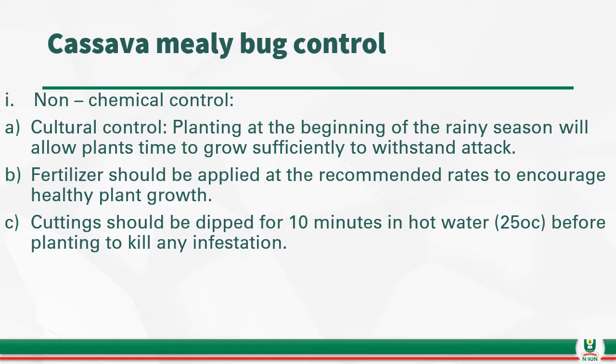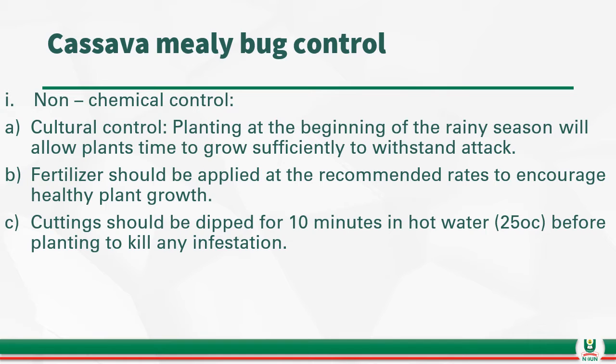However, there are two ways by which you can control them. The non-chemical way is by practicing cultural control, and it is usually advisable to plant your cassava at the beginning of the rainy season, and this will allow the plants to quickly grow and be strong before this cassava mealybug are ready to attack. So the plants will be able to withstand such attack.